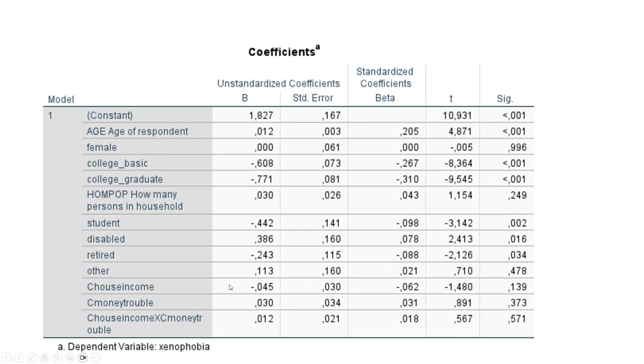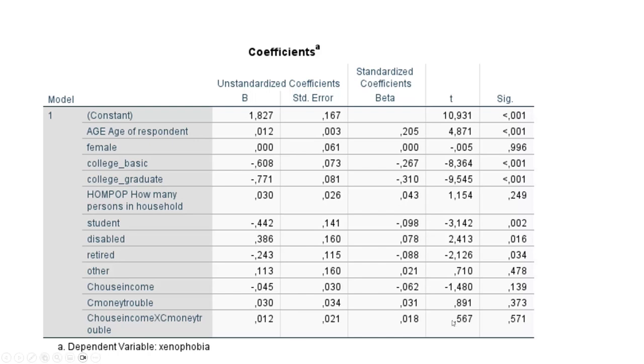Okay, and now we come to the non-additive model. The first thing we do is look at the interaction effect. Somewhat disappointingly, it would have been nice to get a significant effect since we are learning this, but there is no significant interaction between income and money trouble. So the data does not support the notion that the effect of income on xenophobia is contingent or moderated by money trouble.